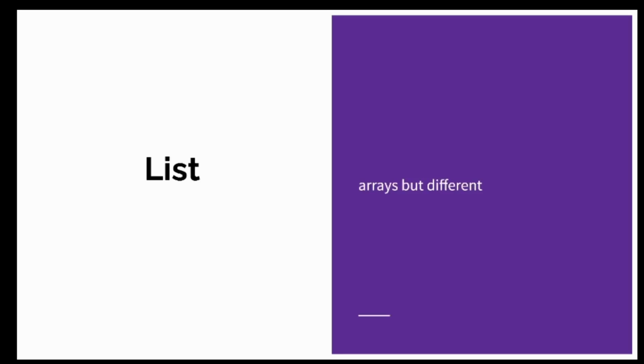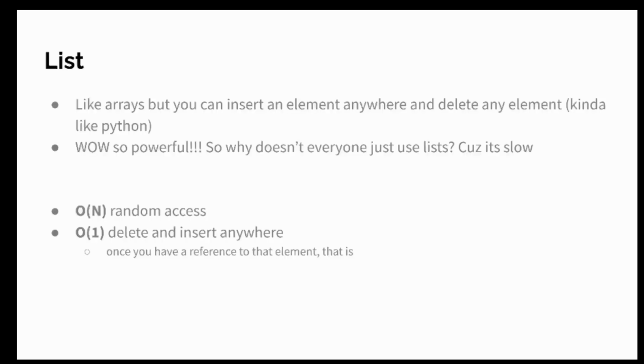Okay, list. So lists in C++, it's the same as like Python. You can insert an element anywhere inside the list and delete any element anywhere inside the list. It's very powerful, right? Because in a normal array, every single data structure in C++, it has some kind of drawback.